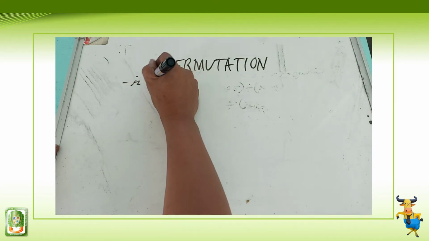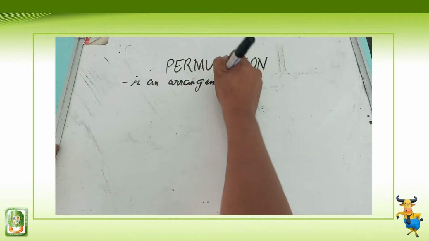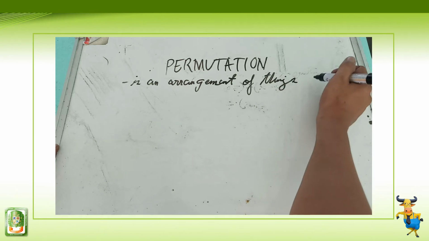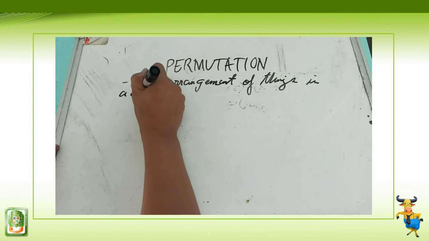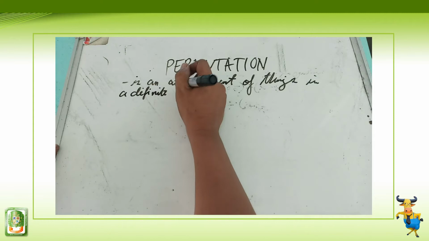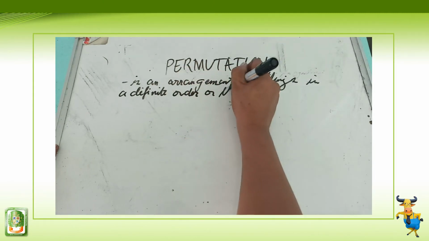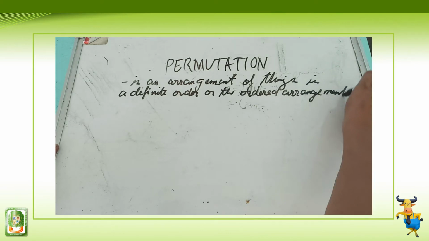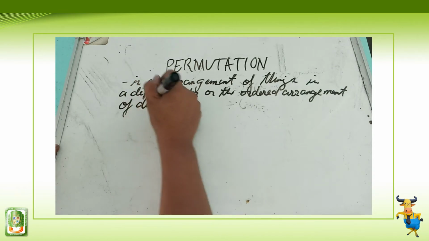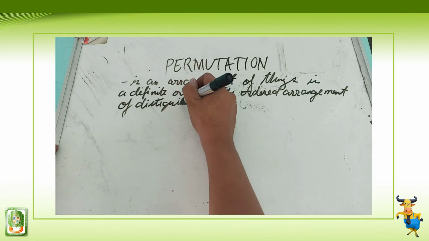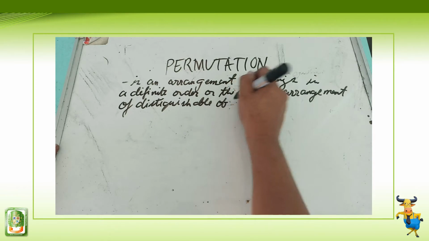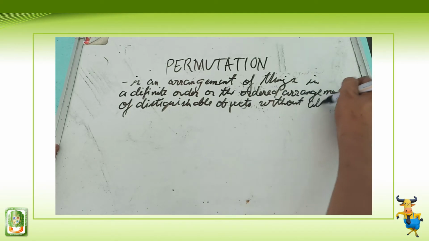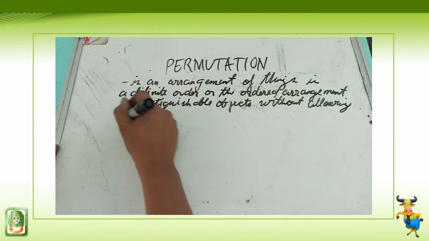Permutation is an arrangement of things in a definite order, or the ordered arrangement of distinguishable objects without allowing repetition.